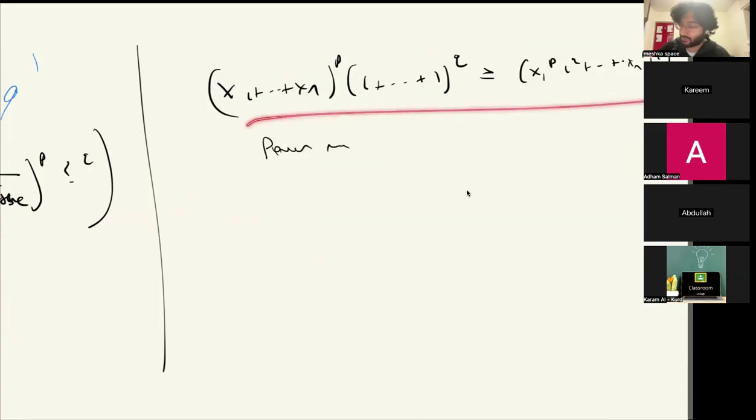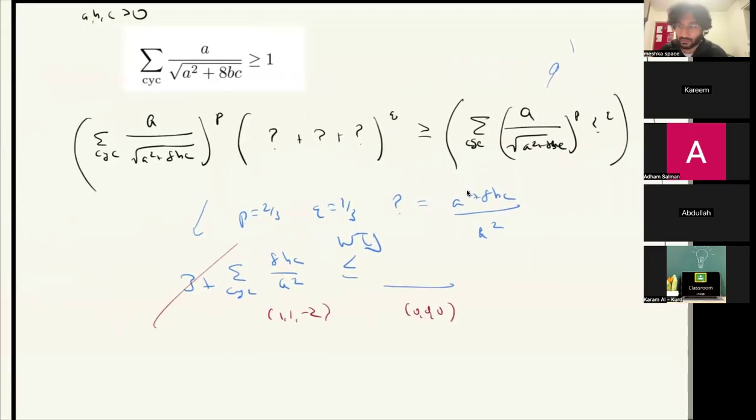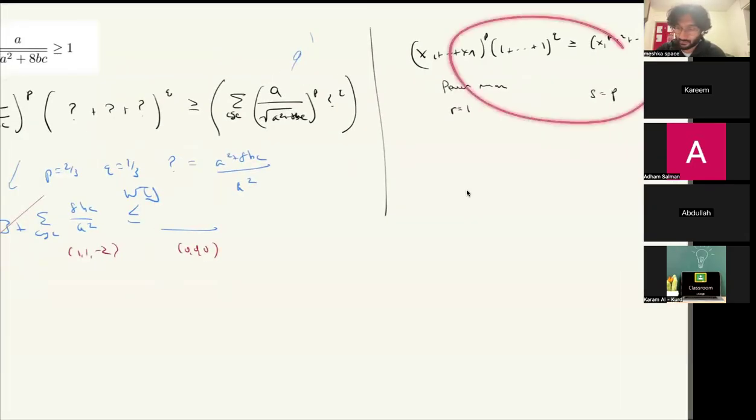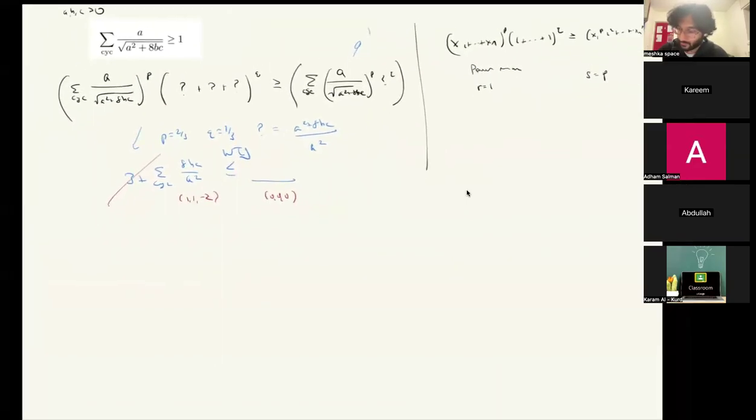I wrote Holder where one of the sequences is 1, and I deduced power mean for R equals 1 here and S equals P. So in some sense, you're correct. If I make P and Q closer together, it does become stronger. It depends how you look at it. Did this comment make sense?